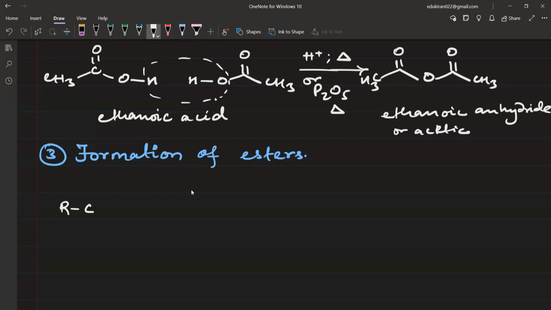If you have R, C double bond O, H, plus you have R dash OH. In the presence of H plus, it is going to give you R, COO, R dash. Okay, the mechanism is also important. So please write the mechanism here.